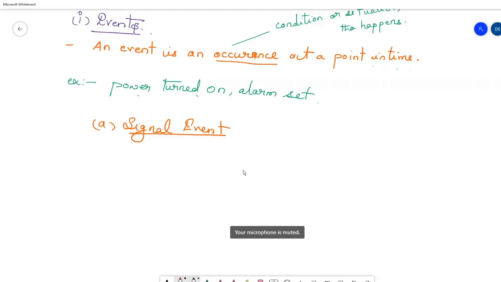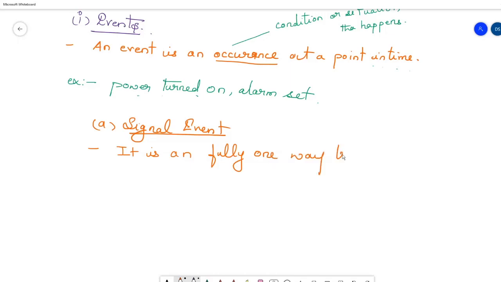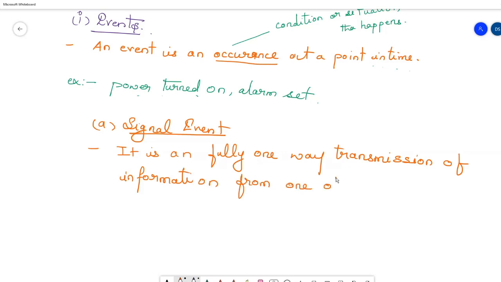Take it like that. It can be defined as a one-way transmission of information from one object to another.